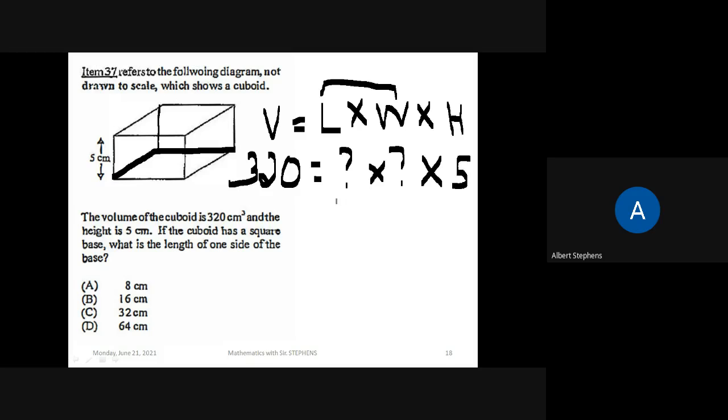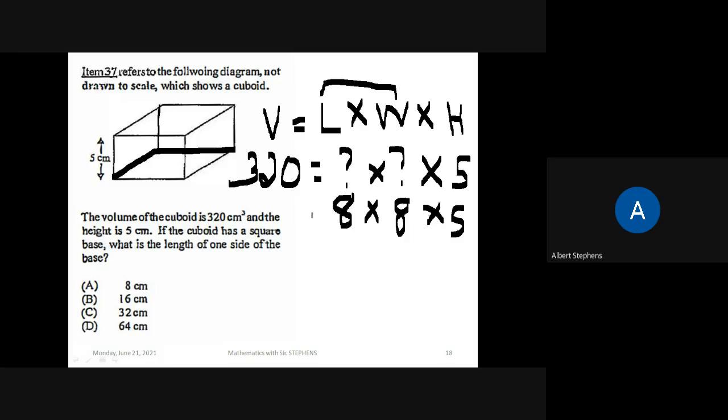So if I choose 8, then the other number must be 8. And then I multiply that by 5.